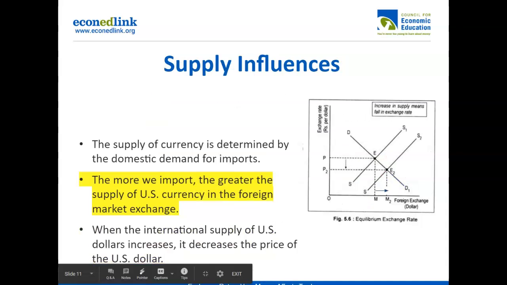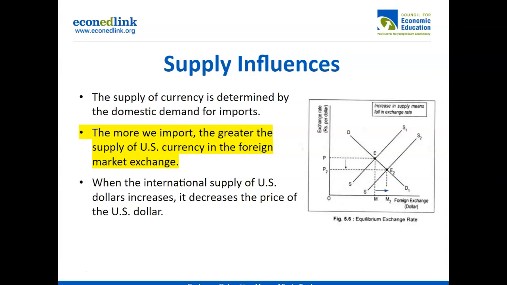Supply influences. The supply of currency is determined by the domestic demand for imports. Now, we've already talked about the fact that we import many garments from China.